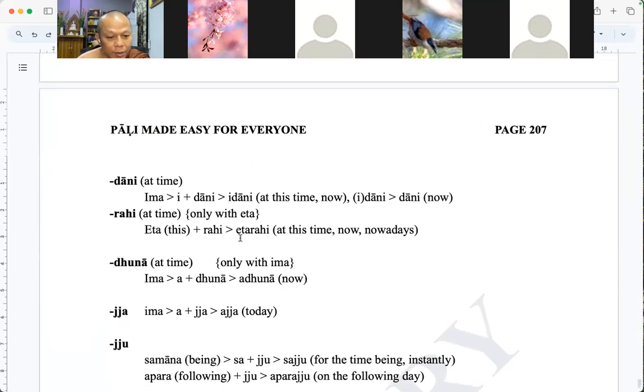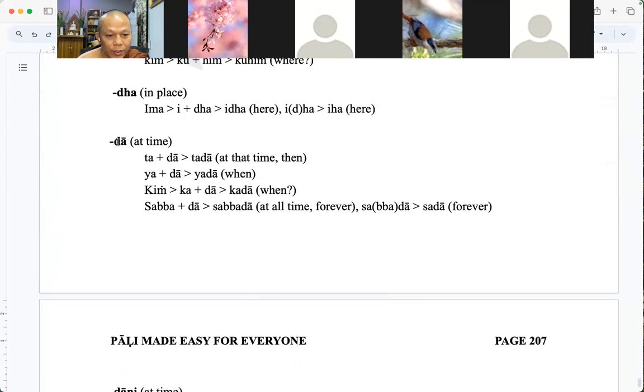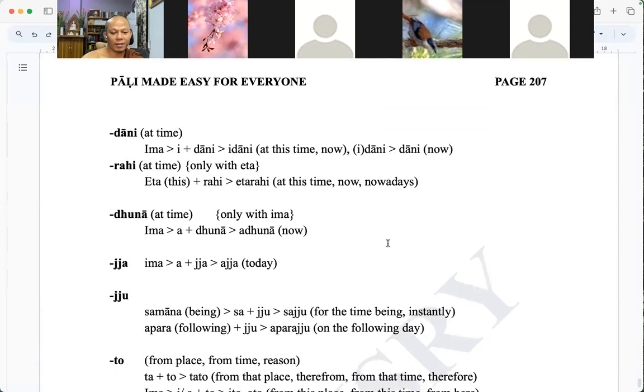For every time, here you see with dā, it will be sabbadā, at all times, or forever, or every time in this way. So when sabba goes with a suffix relating to timing, it means every time. When it goes with a suffix of place, it will be everywhere. Something like that.